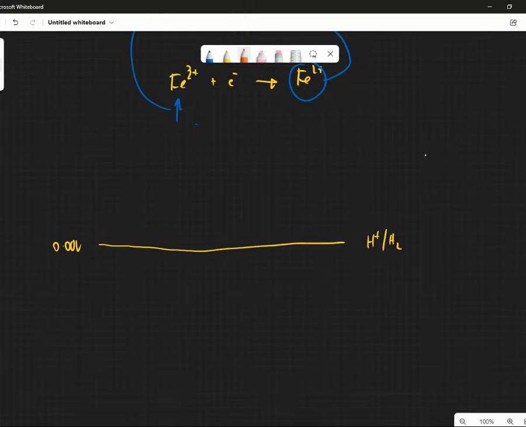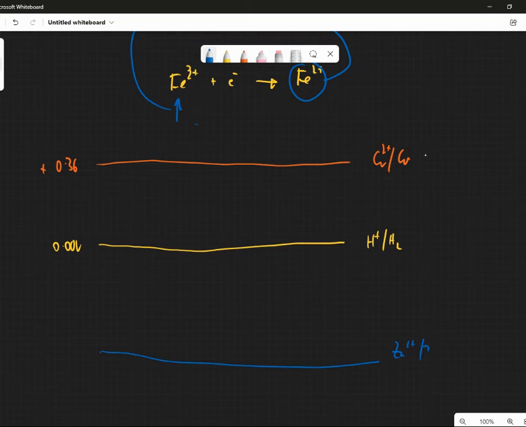Copper is up here. Copper 2 plus copper, and this has a number 0.36. Zinc is down here. This is the zinc system, and this is minus 0.74.